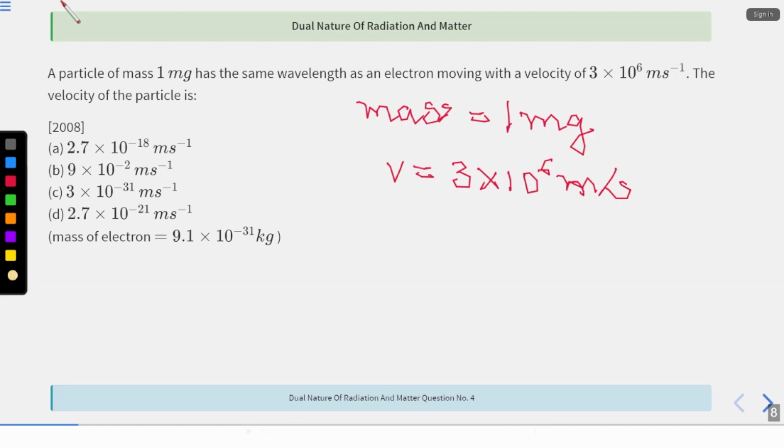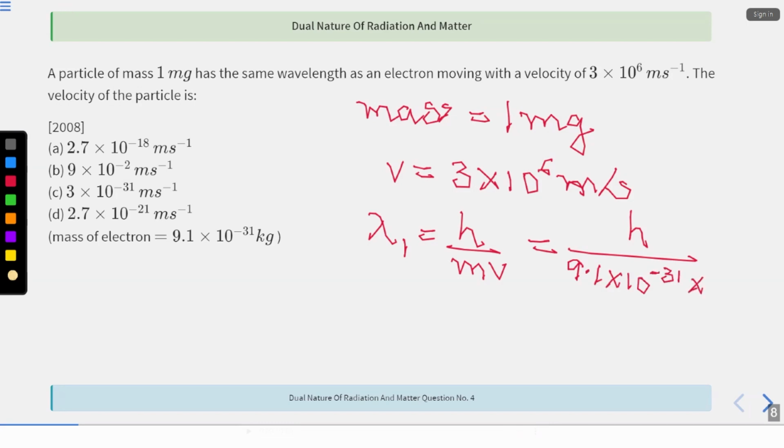So I can tell that my lambda 1 is equal to h by mv. Yes, we can tell that. And that will be equal to h by, we don't know the velocity. So it'll be like, m is nothing but the mass of the electron, right? So 9.1 into 10 to the power minus 31 into 3 into 10 to the power of 6. Right? This is the thing.